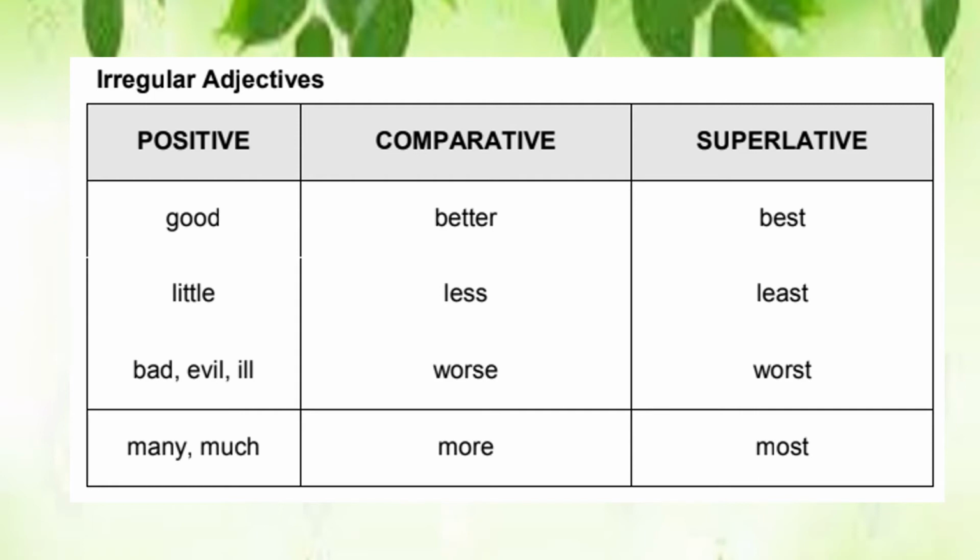You cannot just add er and make it gooder, or est to make it goodest, because the correct form should be good, better, best; little, less, least; bad, evil, ill, worse, worst; many, much, more, most. So that is the correct way to give the comparative and superlative form of those irregular adjectives.